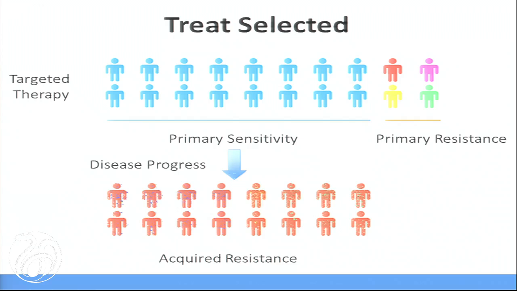And as in primary resistance, we are now beginning to really understand some of the mechanisms whereby patients are getting acquired resistance to targeted therapies and developing novel therapeutic strategies, both to try to overcome primary acquired resistance at the very beginning of treatment, as well as treat patients in the second line and beyond once they have actually acquired resistance.